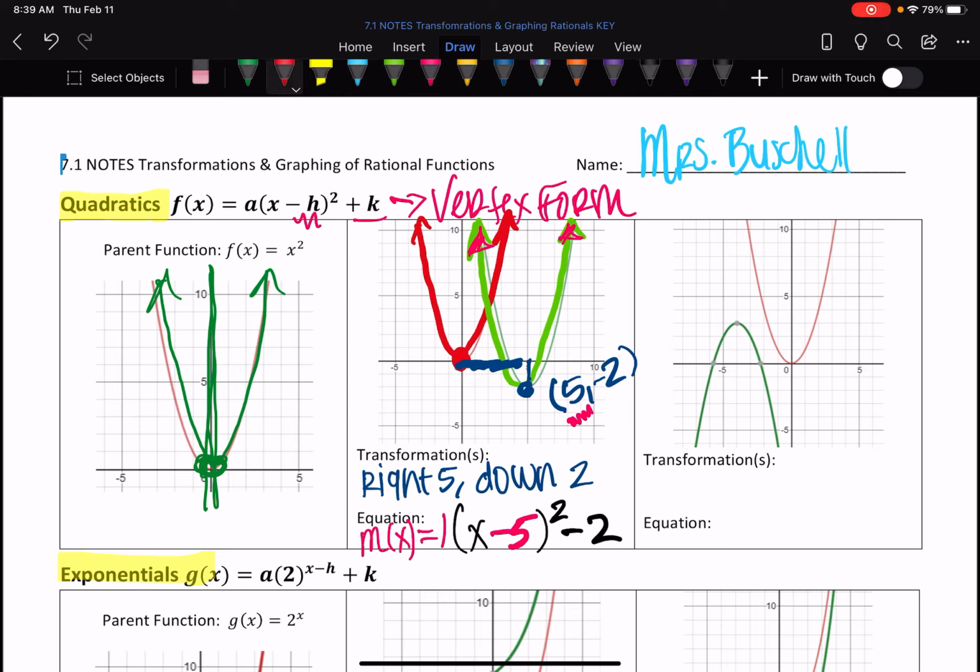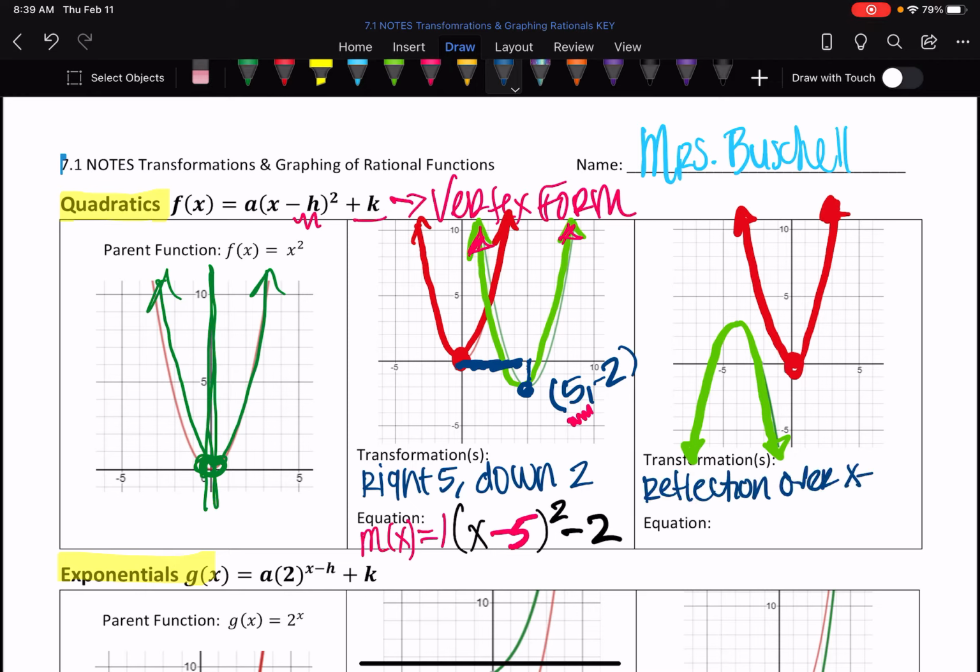Let's look at our third one. My parent function again is this red parabola starting at 0, 0 for my vertex and opening up. My transformed parabola is now opening down. If you remember, we called this a reflection over the x-axis, so that's what makes it open down.